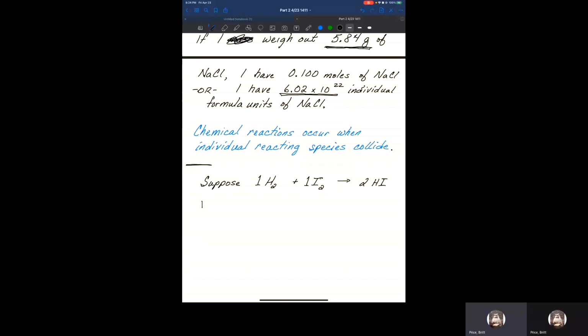So one molecule of H2 reacts with one molecule of I2.